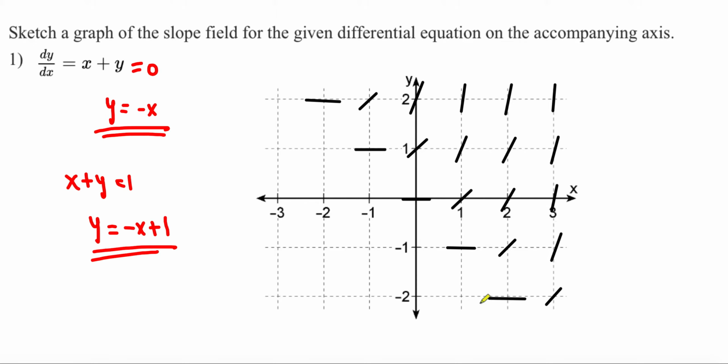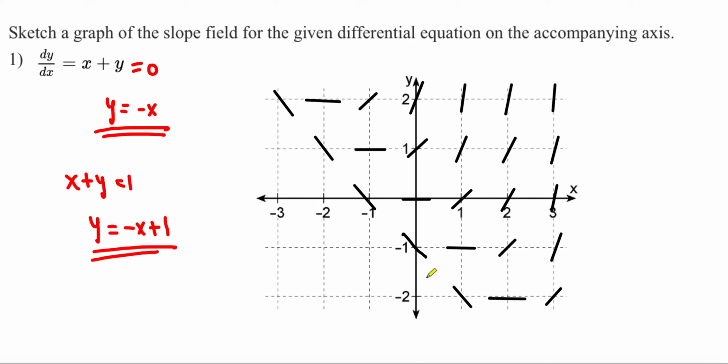Now, how about on the other side? For example, when x equals 0, y equals negative 1, then slope is equal to negative 1, so the slope goes this way. Not only at this particular point, but along that line, x plus y will always be equal to negative 1. So we're going to have something like this.